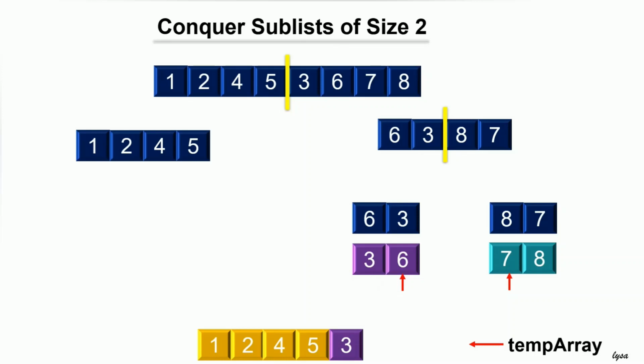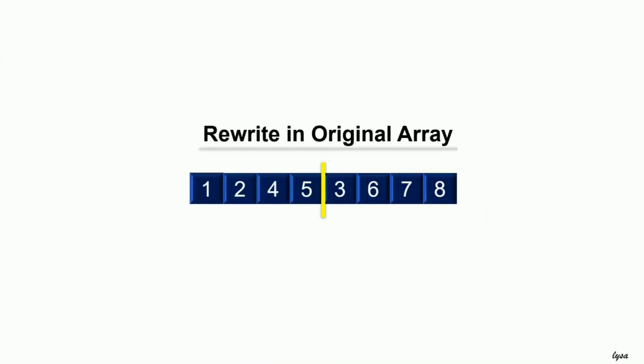Move pointer to 6. Compare 6 and 7. Write 6 in the temporary array. Now there are no more elements in the first subarray. There's no element for comparison, so we just write it as 7 and 8. So I have now combined 2 sublists of size 2. And then rewrite it in the original array.